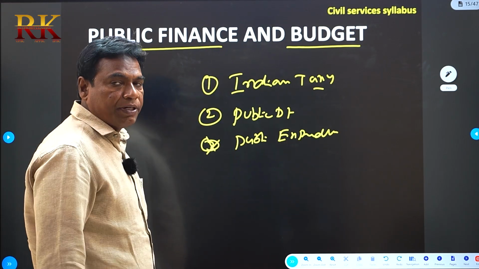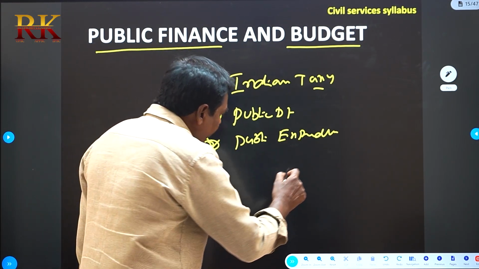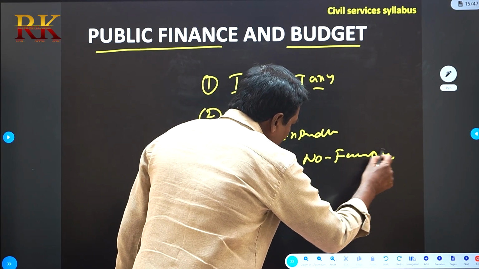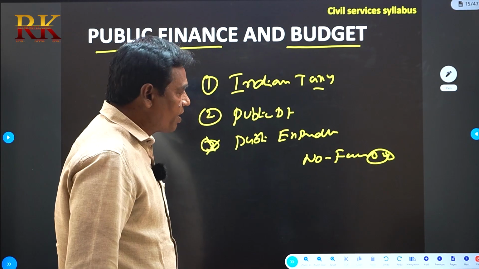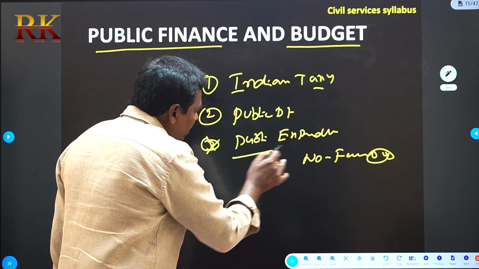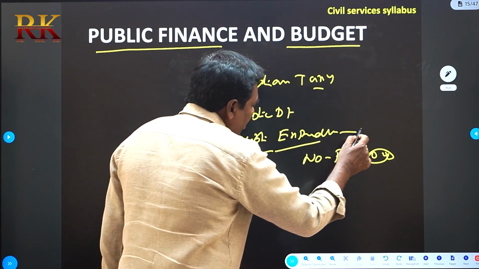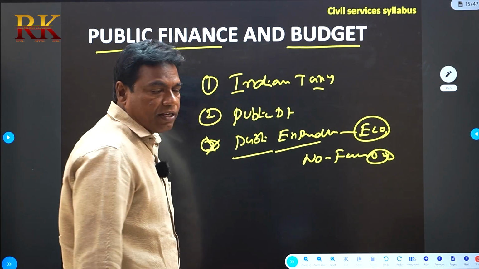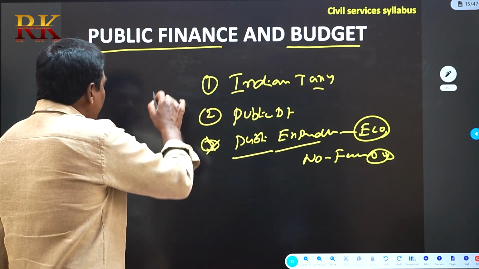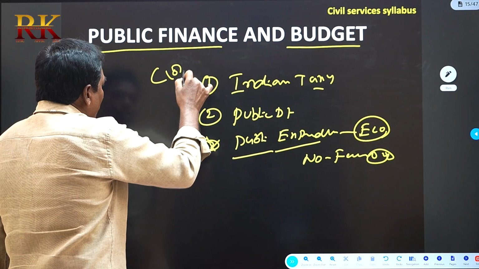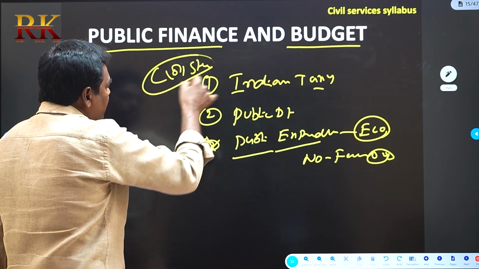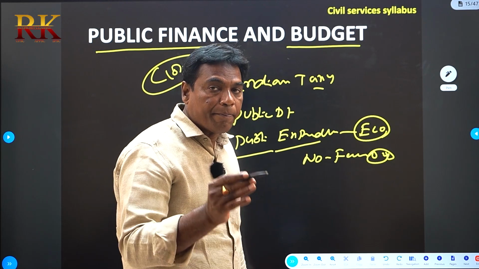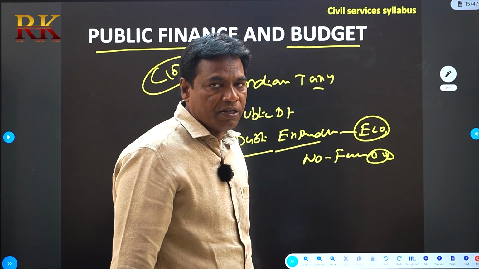When public expenditure increases, foreign direct investment also increases, because public expenditure depends upon the economic sector. Nowadays, central or state governments decrease public expenditure. When public expenditure decreases, employment opportunities also decrease.